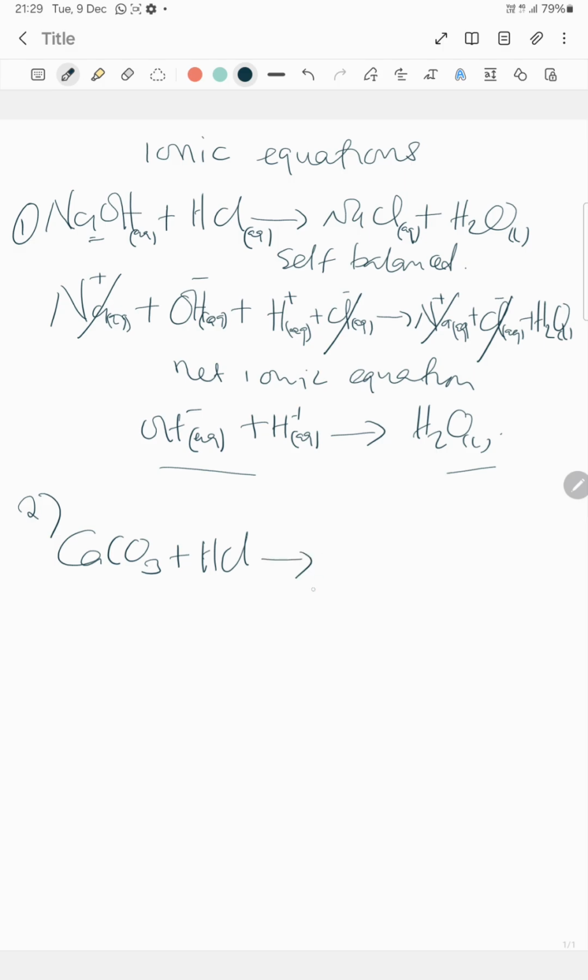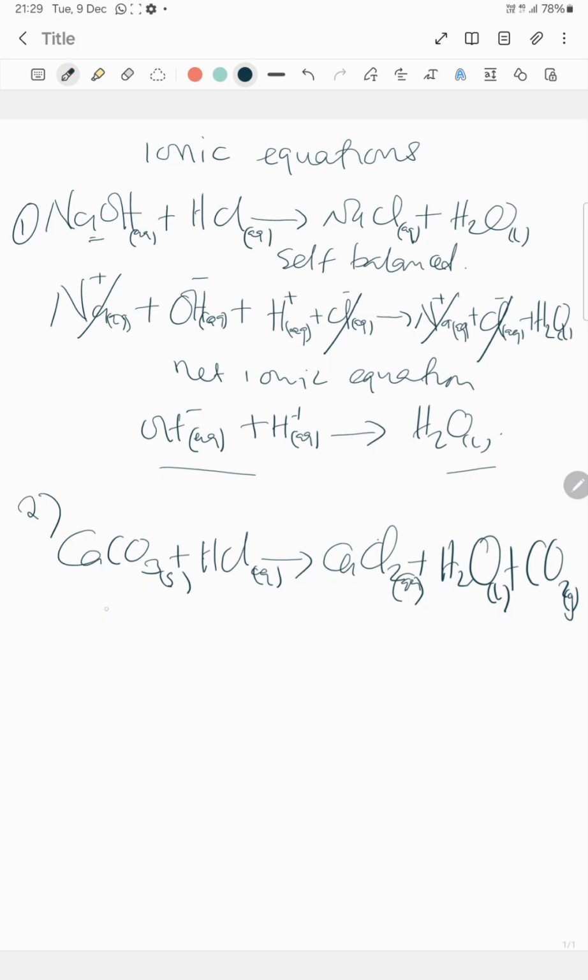Then it's going to form calcium chloride, which is CaCl2, plus H2O plus carbon dioxide. So this is solid, this is aqueous. Remember I said acids are in aqueous state, calcium chloride is in aqueous state, water is in a liquid state, and carbon dioxide is in a what? In a gaseous state.